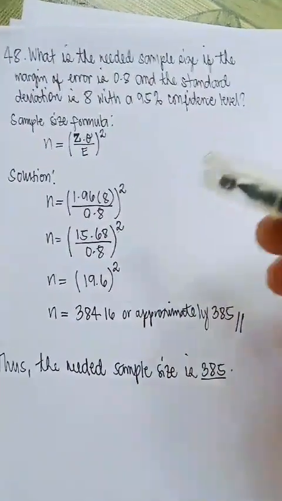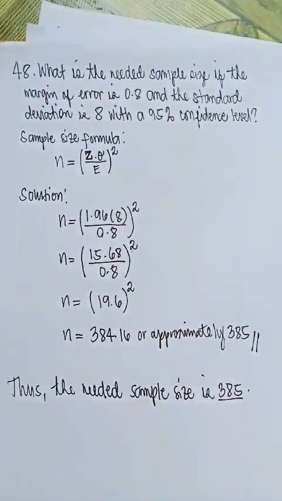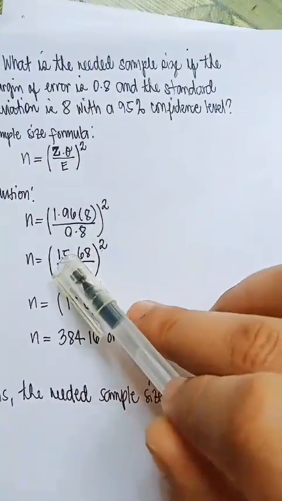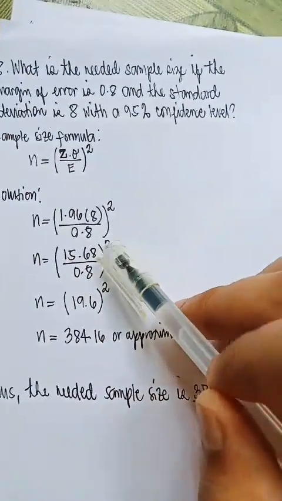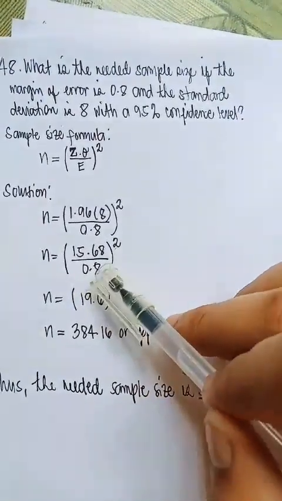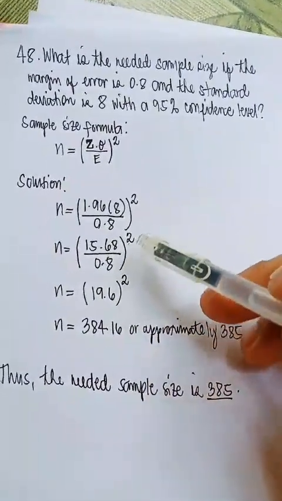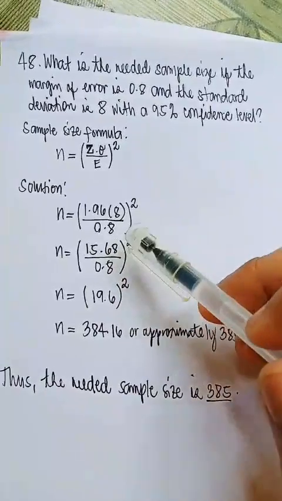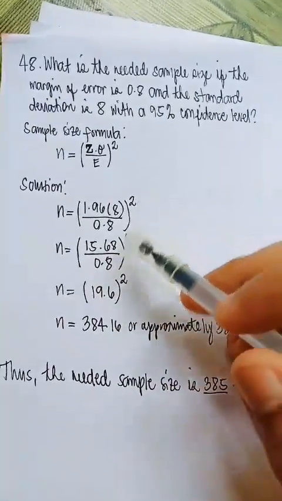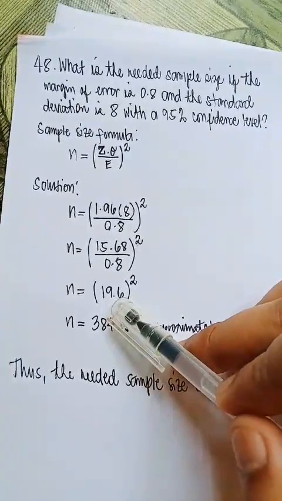Next, we multiply first 1.96 by 8. That is why we have here 15.68. And we simply copy 0.8, which we have here, and raised to 2. Next, we divide 15.68 by 0.8, and we have 19.6 as the quotient.